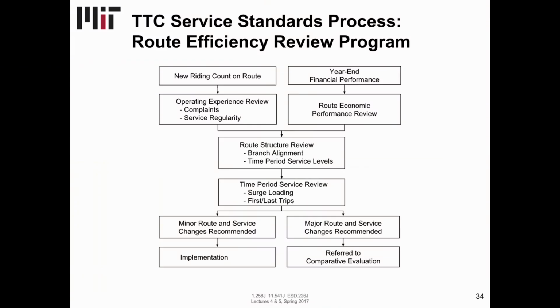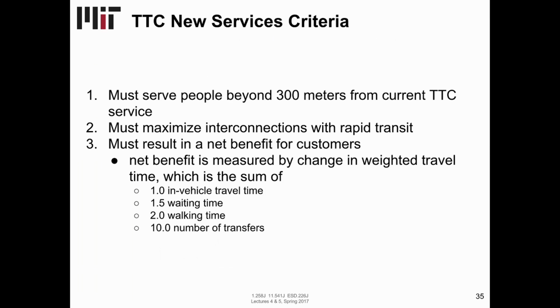Okay, let me try to clarify this a little bit. For example, similar to the example that we made last week related to two suburbs using the transit service, let's say suburb 1, suburb 2, and this is the downtown area.